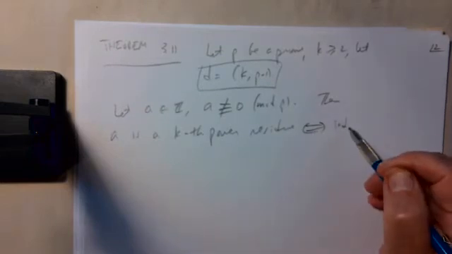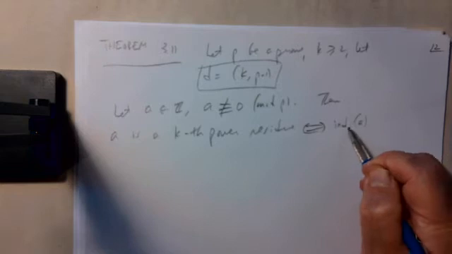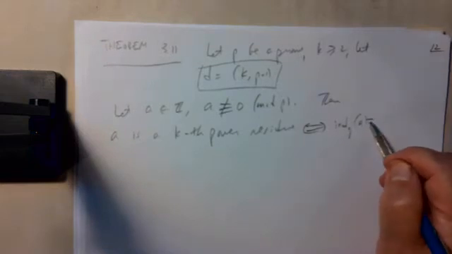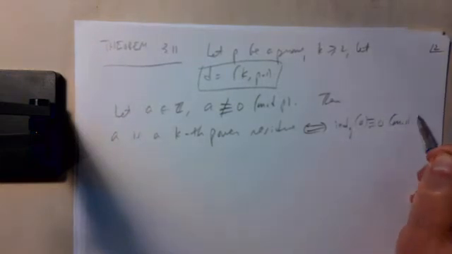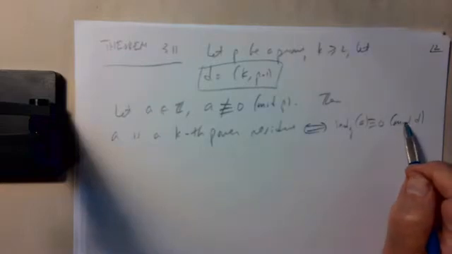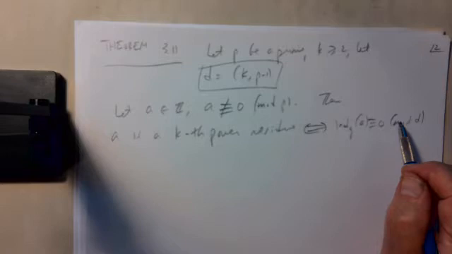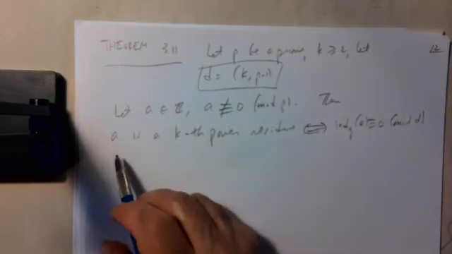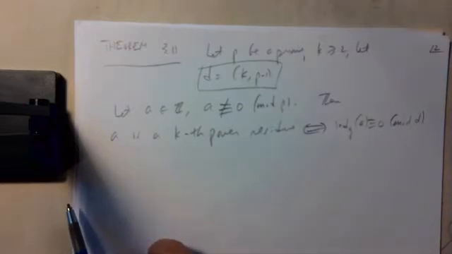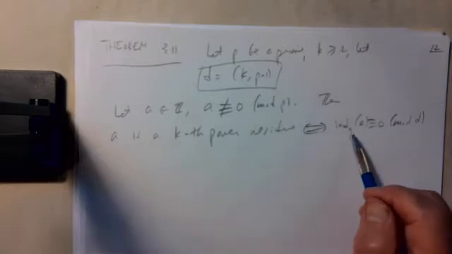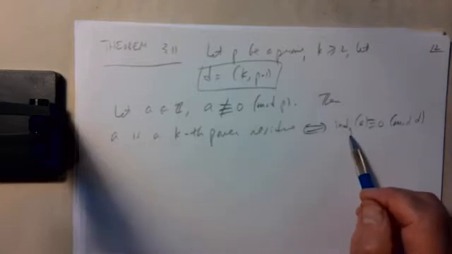the index of A with respect to G is congruent to 0 mod D, where G is a primitive root.